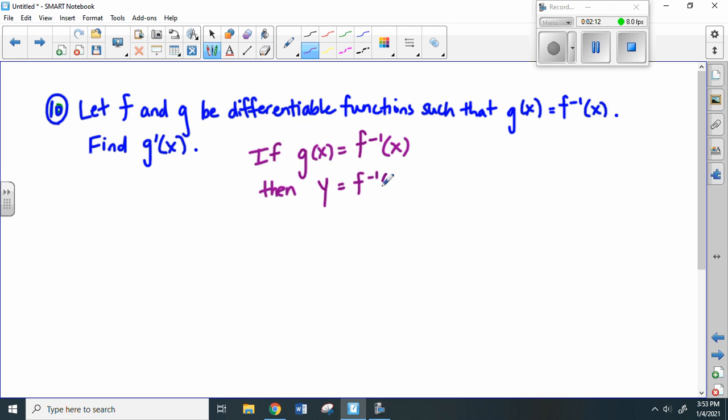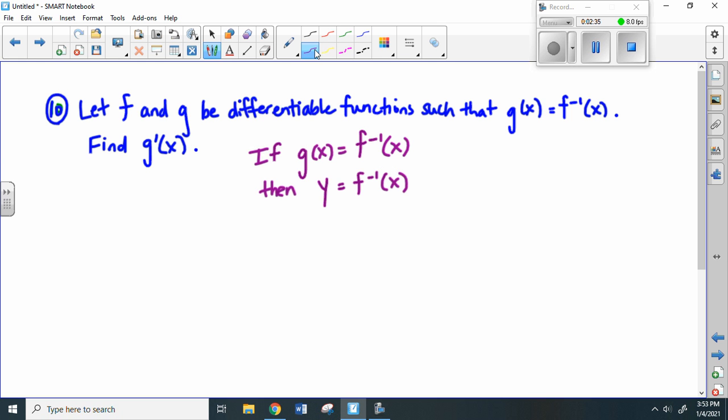The reason that's the one I'm changing is because it's the inverse function that I want to get rid of. Remember, to get rid of sine inverse, we took the sine of it. To get rid of cosine inverse, we took the cosine of it. Well, to get rid of f inverse, we're going to take the f of it.